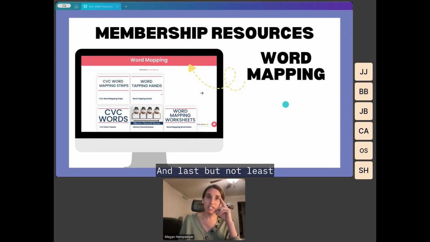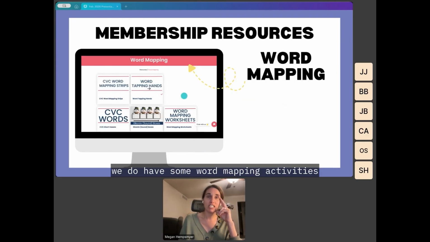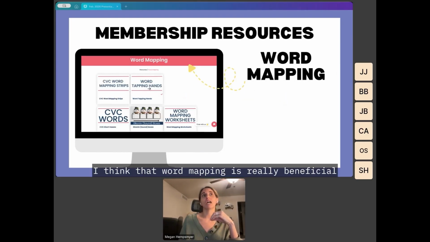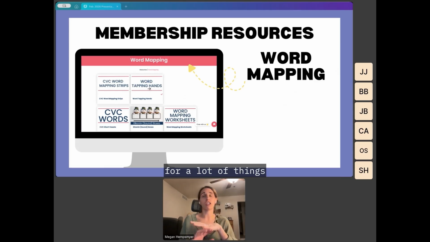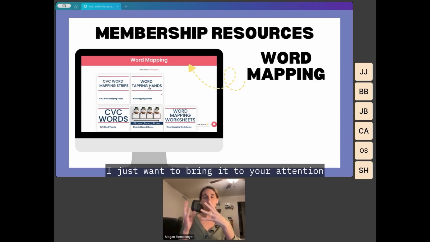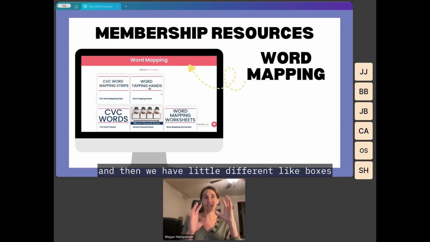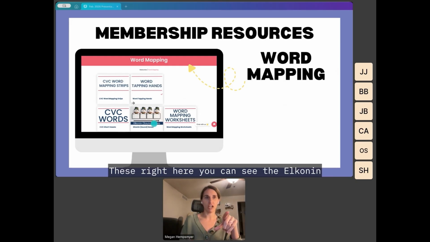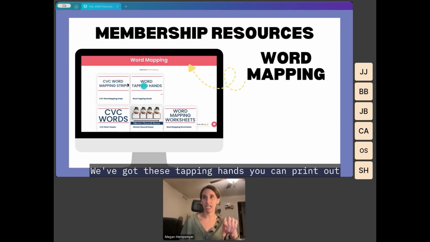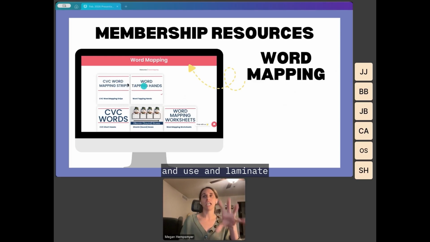And last but not least, we do have some word mapping activities. I think that word mapping is really beneficial for a lot of things, not necessarily just blending. And I just want to bring it to your attention that we do have word mapping worksheets, and then we have different boxes that you can use. Right here, you can see the Elkonin sound boxes. We've got these tapping hands you can print out and laminate.